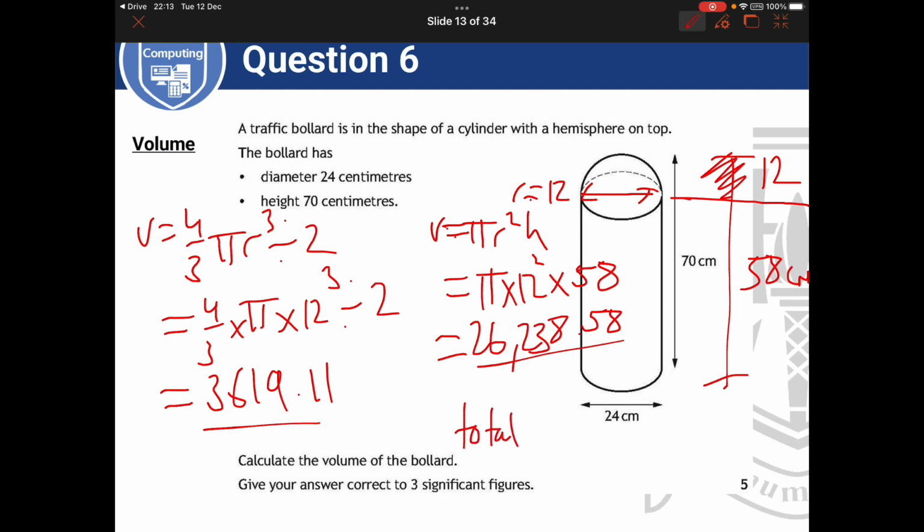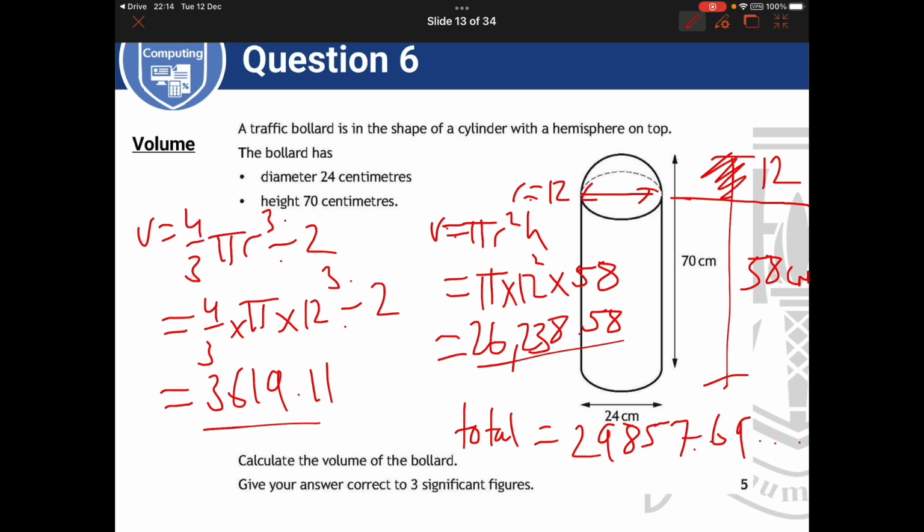We're just going to add those two numbers together. 3619.11 added to the 26,000, and we get 29,857.691, and so on and so forth.